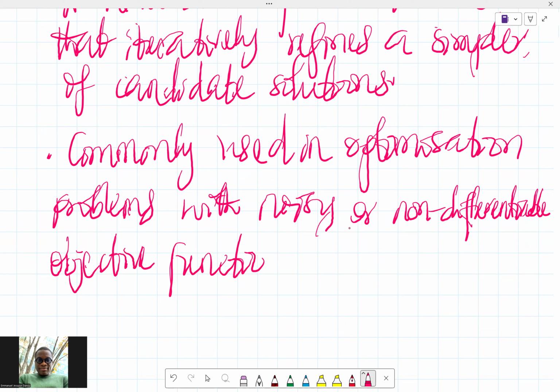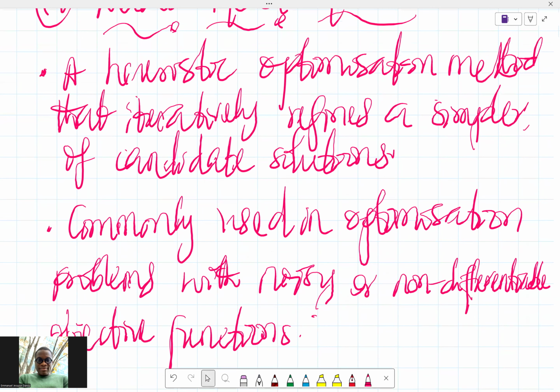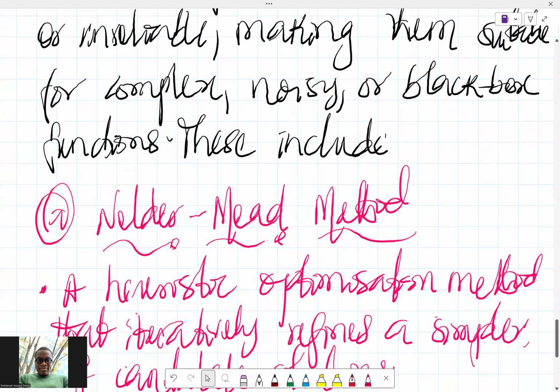Simply, when you cannot differentiate a function, then you should be thinking about derivative-free methods like the Nelder-Mead method.